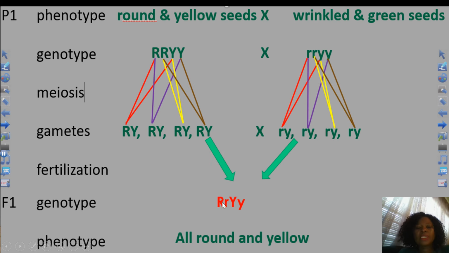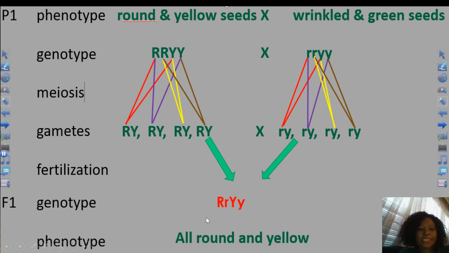Also note that when writing the genotype, we always start with the capital letter, or the dominant allele. So it's capital R, small r, not small r, capital R. So it's capital R, small r, capital Y, small y.